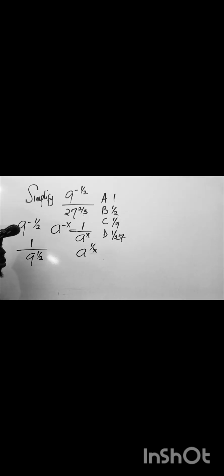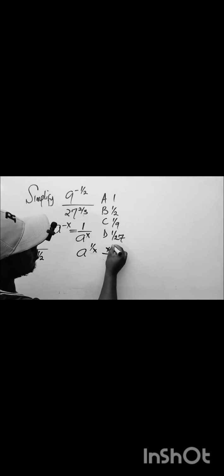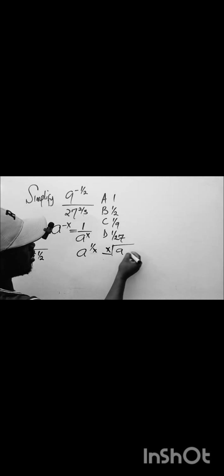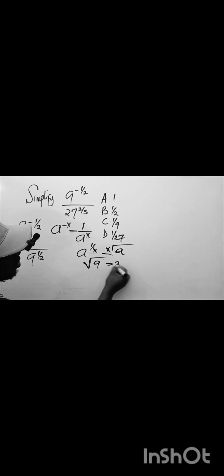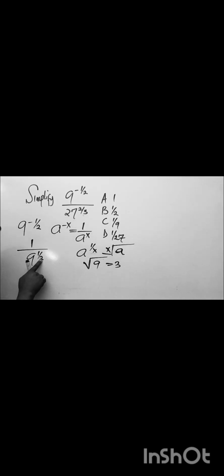If it is 3, cube root. 4, fourth root, and the rest of them. So here the 2 forms a square root of 9, and the square root of 9 is 3, because the root is the square root of this particular base.